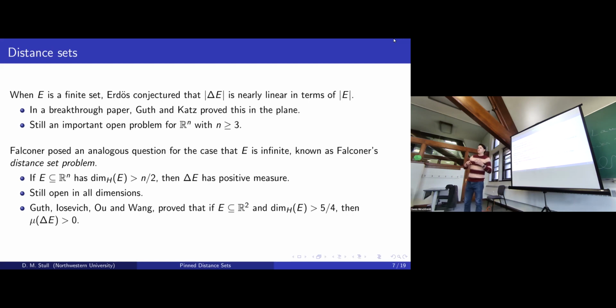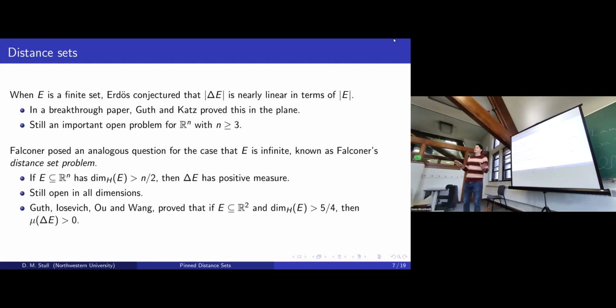And so in this case, the measuring stick that we use to measure the size of E is Hausdorff dimension. And so Falconer conjectured that if E has Hausdorff dimension strictly greater than n/2, where n is the ambient space, then the distance set of E has positive measure.